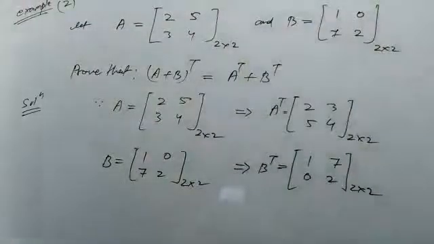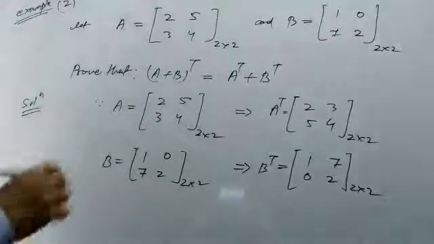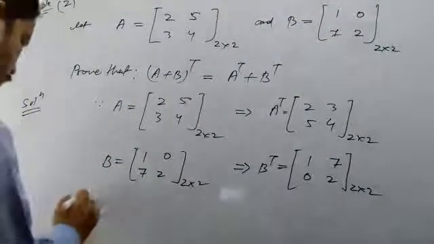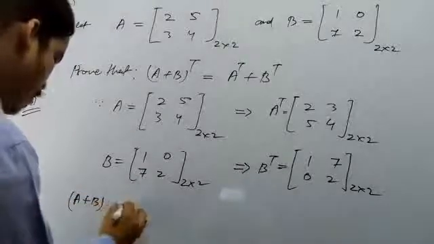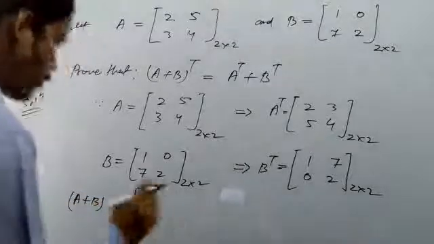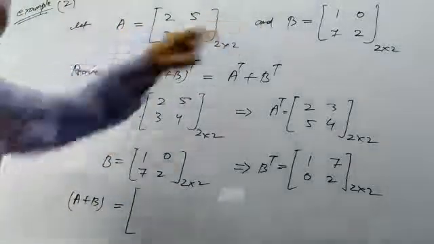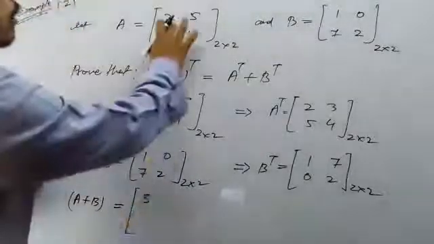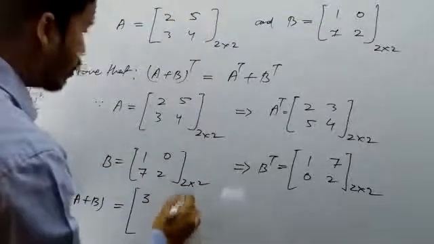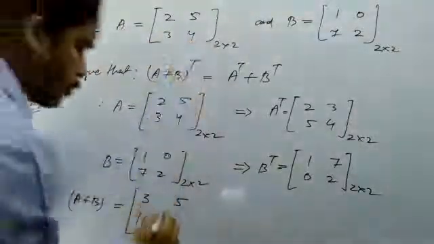So first of all, we have to check A plus B. Adding the matrices A and B, the result will be 2 plus 1 is 3, 5 plus 0 is 5, 3 plus 7 is 10, and 4 plus 2 is 6.